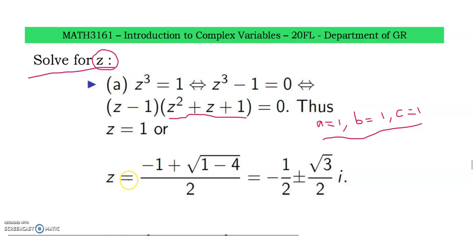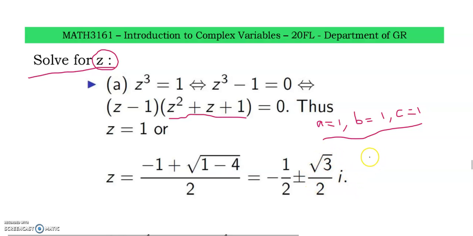So z equals minus 1 plus or minus square root of 1 squared minus 4, divided by 2 into 1, which is minus 1 by 2 plus or minus square root of minus 3 divided by 2.